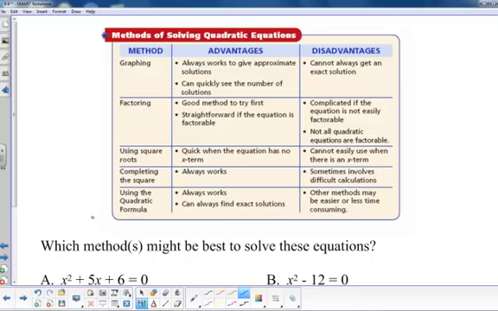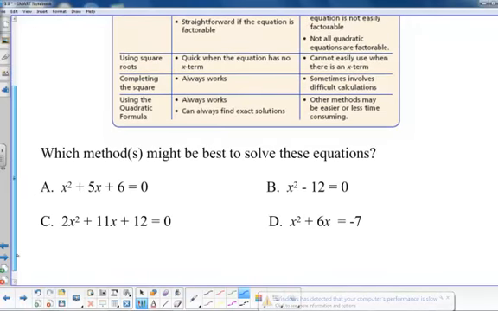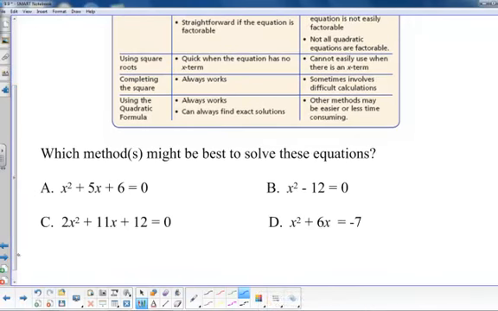Square roots, if you can easily solve for x and something is square rootable, that's a great method. If not, not going to work. Completing the square will always work. Sometimes it's a little bit difficult, but it's a good way to solve. And then using the quadratic formula is very easy to make a mistake. You can always find the exact answer, but other methods might be easier.